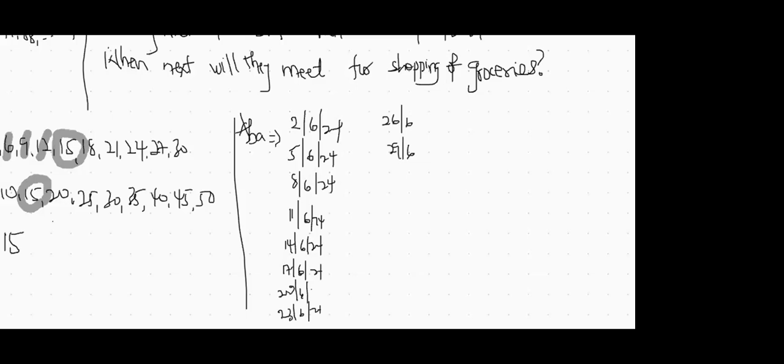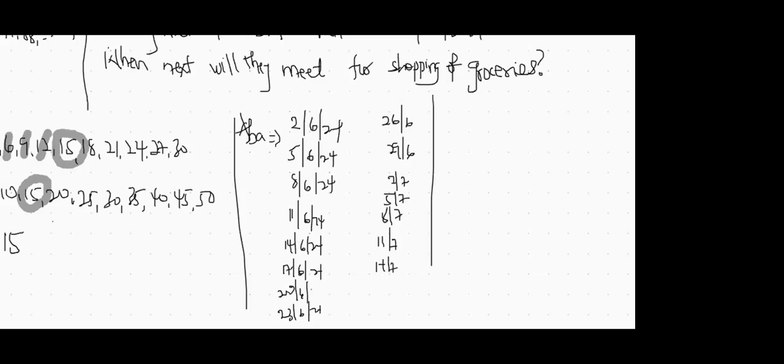June has 30 days, so next is 2nd July, then 5th July, 8th July, 11th, 14th July, in that order.